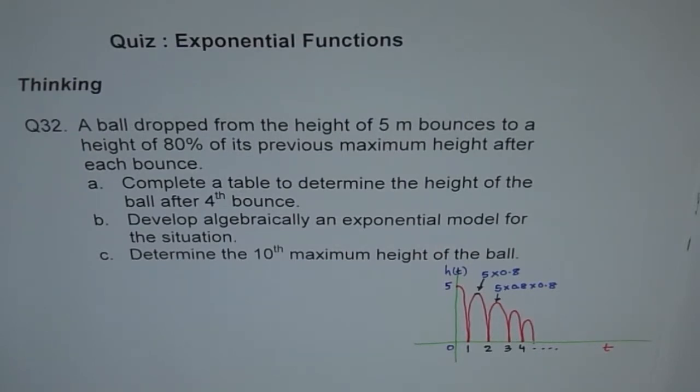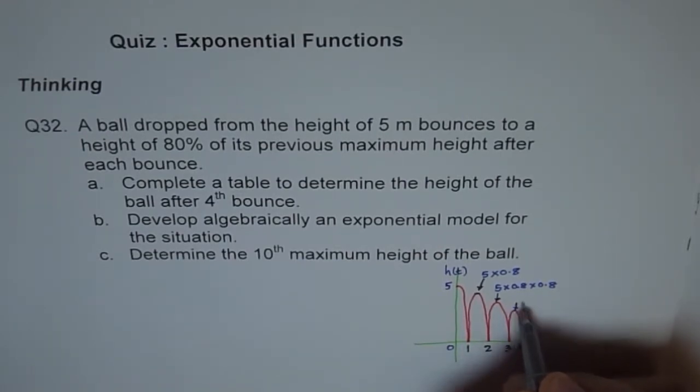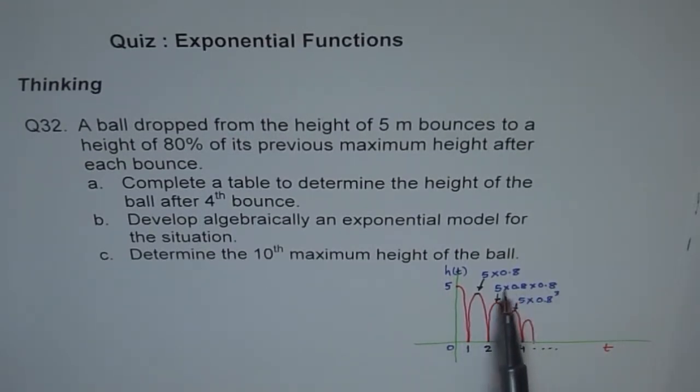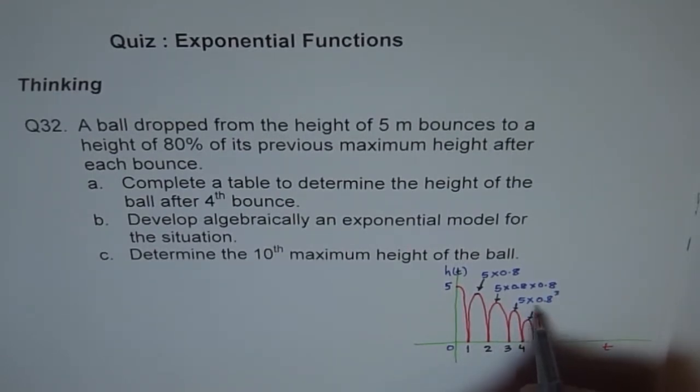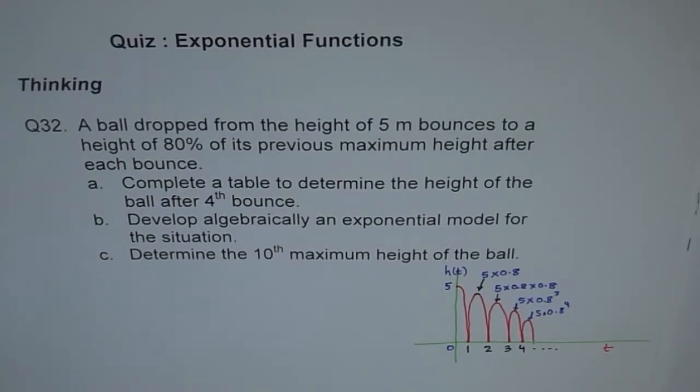Now here it will be 5 times 0.8 to the power of 3, because I've already multiplied by 0.8 twice and I'm going to multiply by a third time. And after the fourth bounce, I get 5 times 0.8 to the power of 4. So we see that there is an exponential decay, by a factor of 0.8.